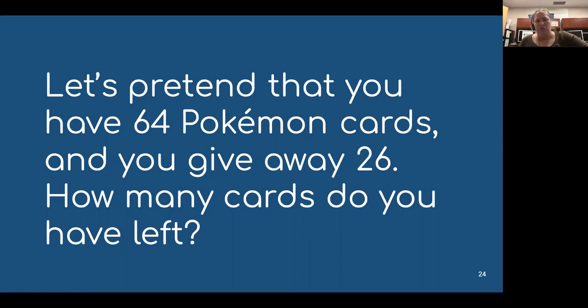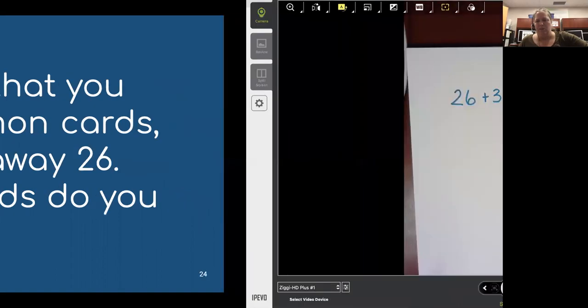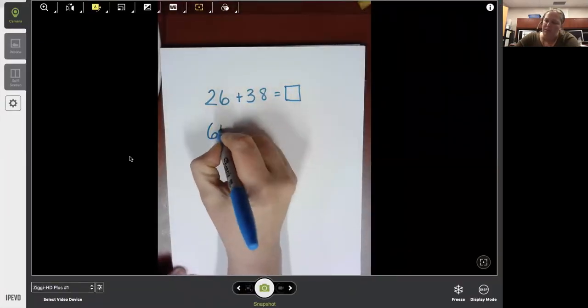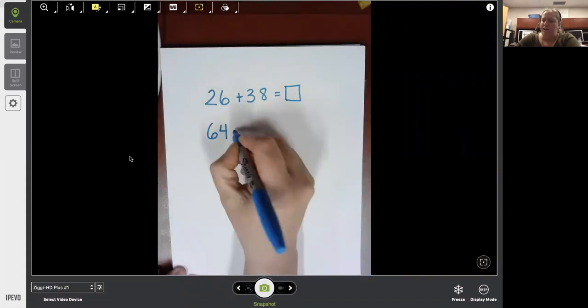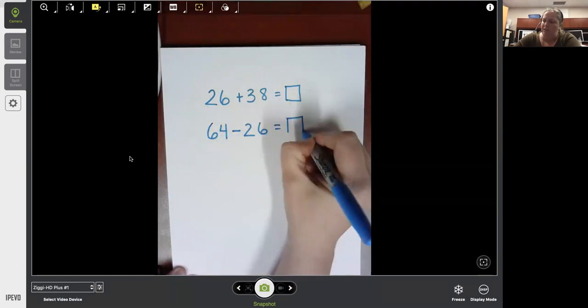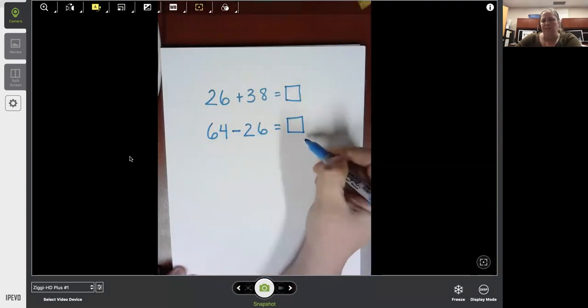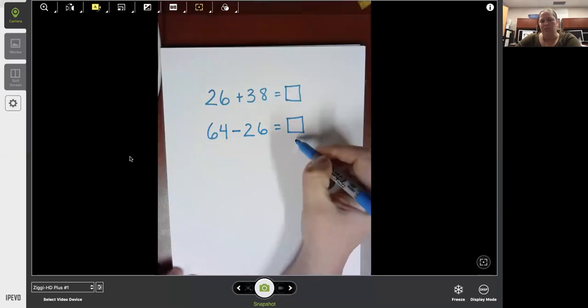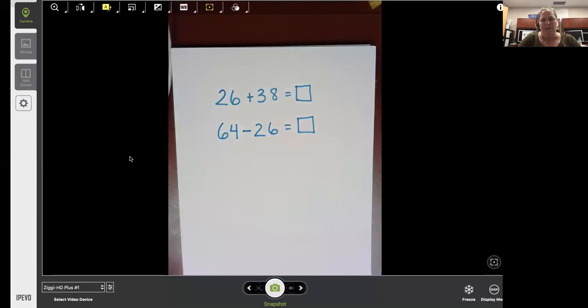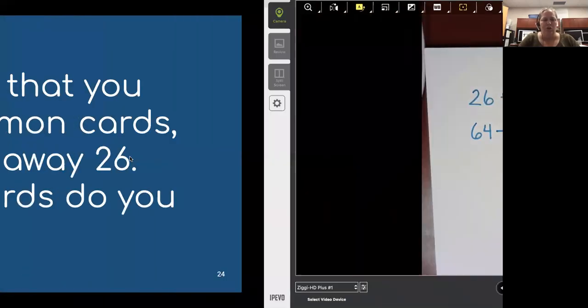So I'm just going to show, if I was going to write this problem, the way that it's written, I would probably start with the number 64. And then in the problem, you're giving away 26. How many would you have left? So the unknown is also in this position, the same position. We call that then a separate result unknown problem.